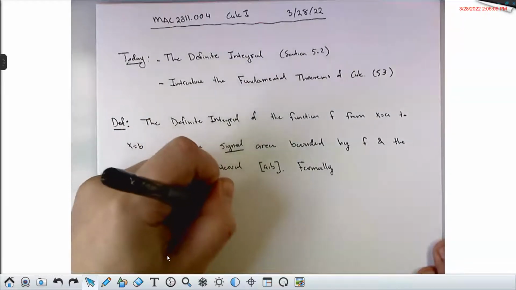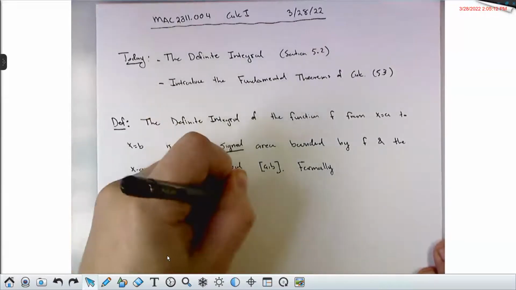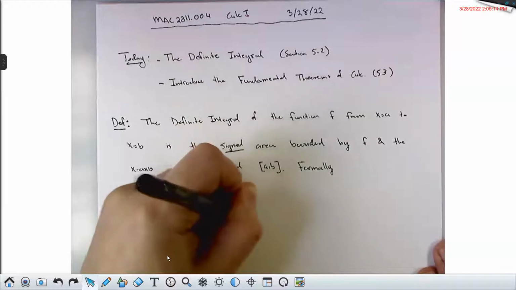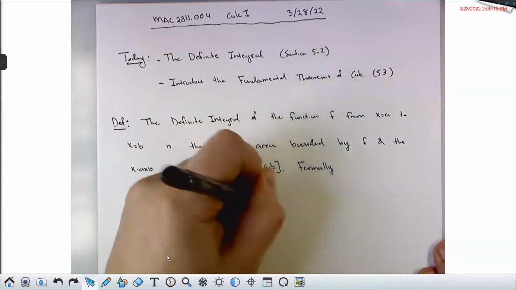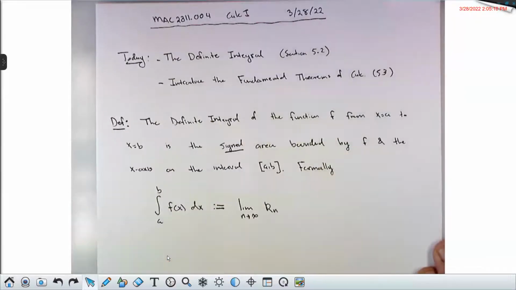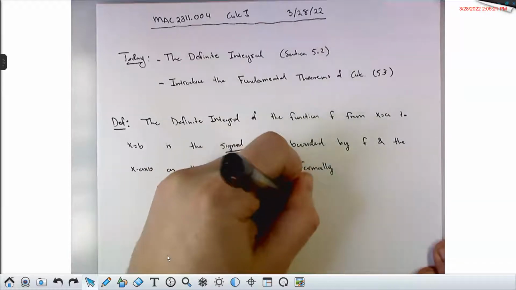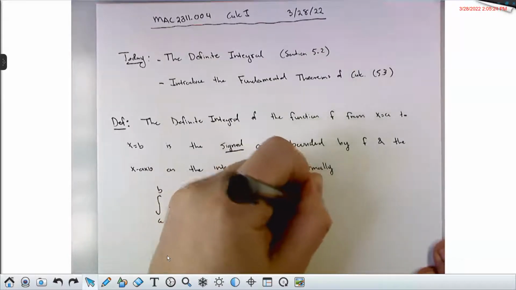And this is, by definition, the limit as n goes to infinity of R_n. And remember what R_n is.